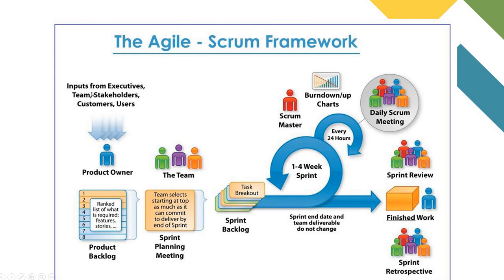We will have a meeting with stakeholders, customers, and users, and the product owner will get inputs from all the stakeholders, and he will make it into a backlog, where the tasks are listed out, and it will be given to the team.